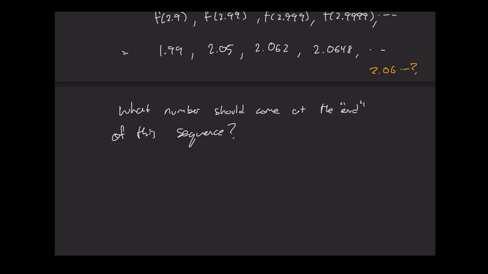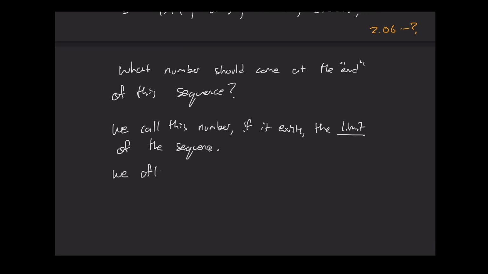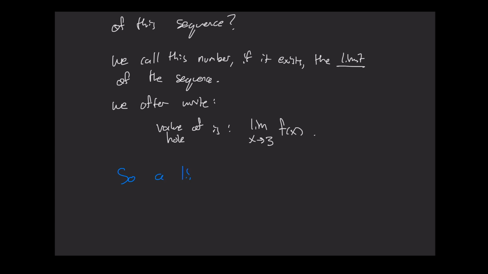Well, this is the notion of the limit of this sequence. So we call this number that we get at the very end the limit of the sequence, if it exists. And some notation here, in our problem, the value of the hole is written as the limit as x goes to 3 of f of x.